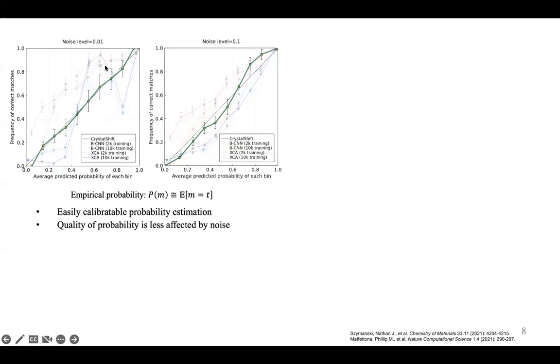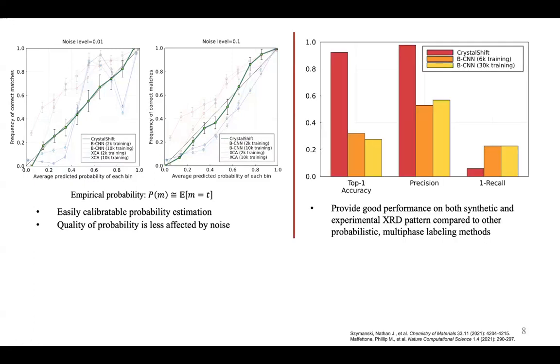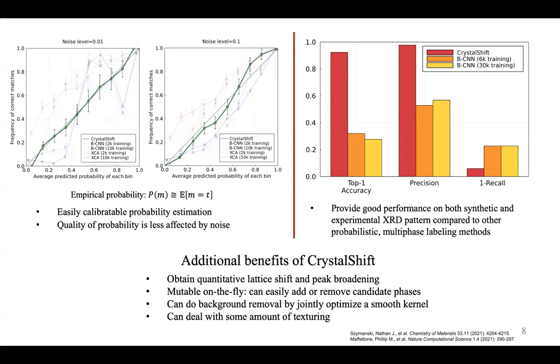The advantage of this method is that it's easily calibratable, and unlike other neural network methods, which are likely to be affected by noise, Bayesian methods are less likely to be affected by noise level. And you have to take my word for it, but we have tested it and it performs better than other counterparts that provide probabilistic and multi-phase labeling methods.